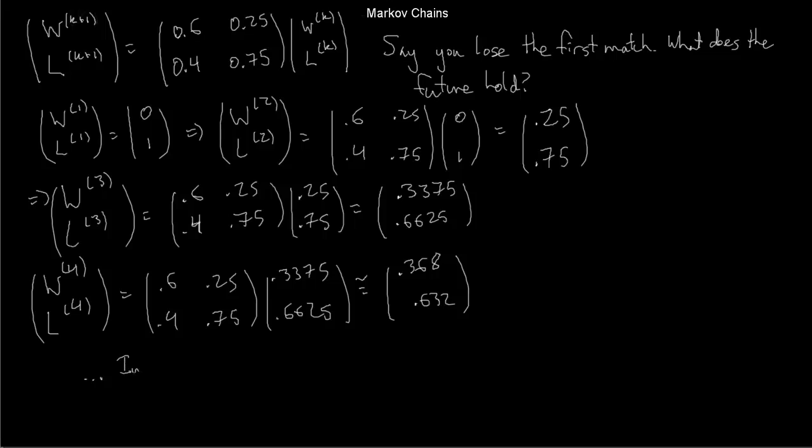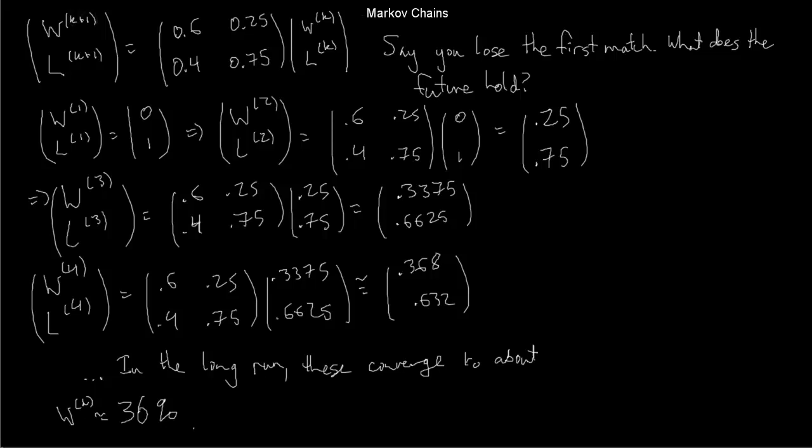You can do this as long as you want. The chain of vectors that you build in this way will converge. In the long run, they converge to somewhere in the neighborhood of 38%.